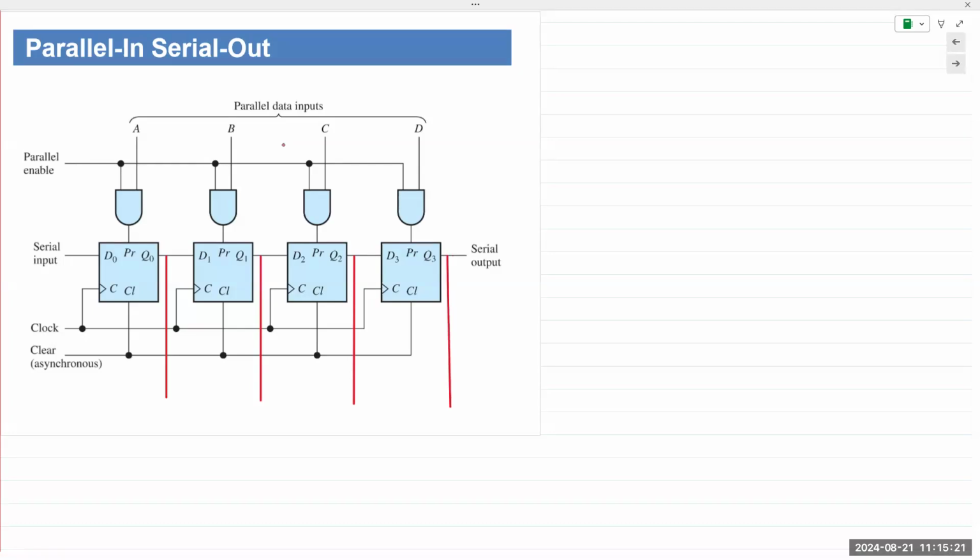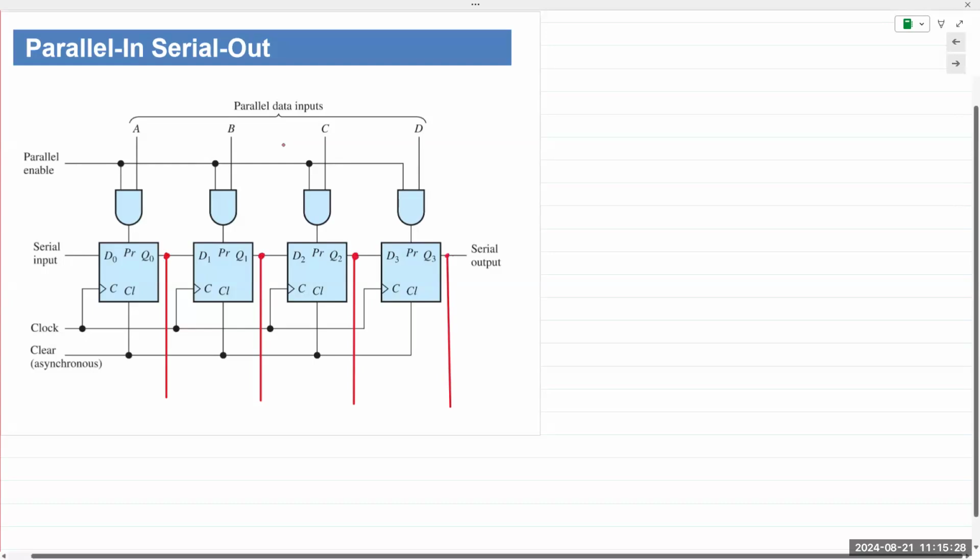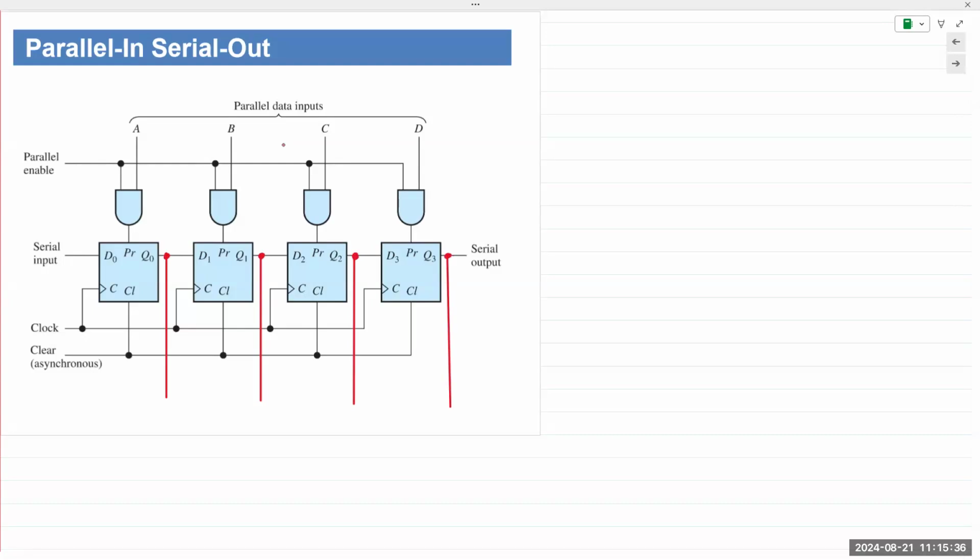So this is just an example. Two shift registers, serial input, second shift register, parallel input. In both cases, it doesn't matter what the input transfer is, whether it's serial or whether it's parallel, the outputs can be both serial as well as parallel.